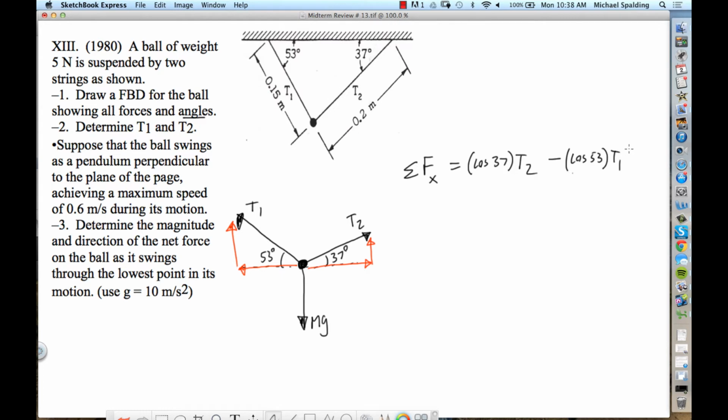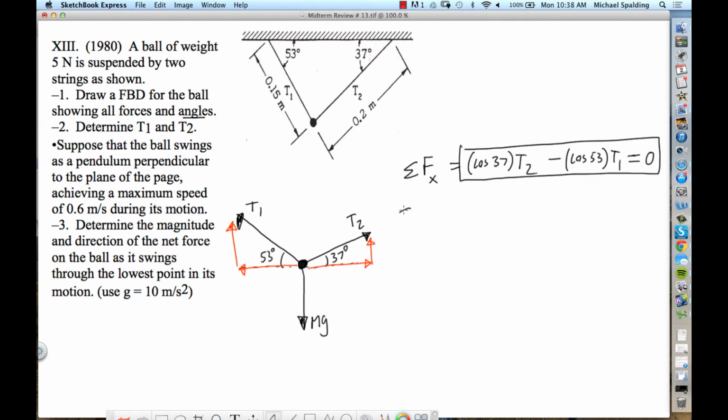Those are the only 2 X forces. Sum of the forces always equals ma, but is there an acceleration this way? No, the ball's just hanging there. So this is going to be equal to 0. Okay, so we just wrote a very helpful equation.